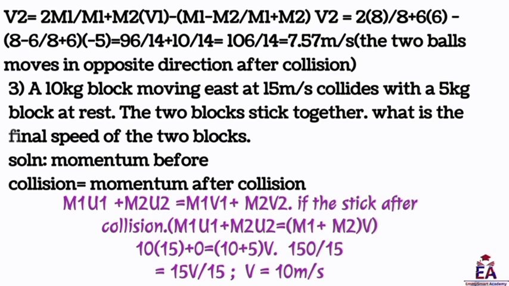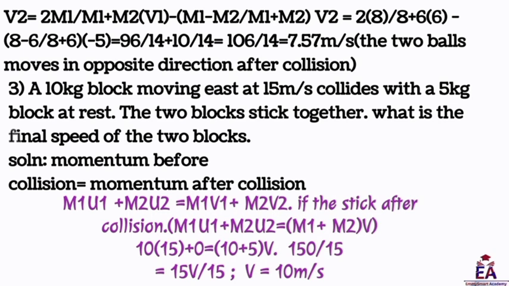So we have 10 times 15 plus 0 equal to 10 plus 5 times v. So 150 equals 15v, divided by 15. 15 cancels 15, and 150 over 15 gives us v as 10 meter per second. The other term was 0 because the 5 kg block was at rest. 0 times 5 still gives us 0, so there's no point doing anything there.